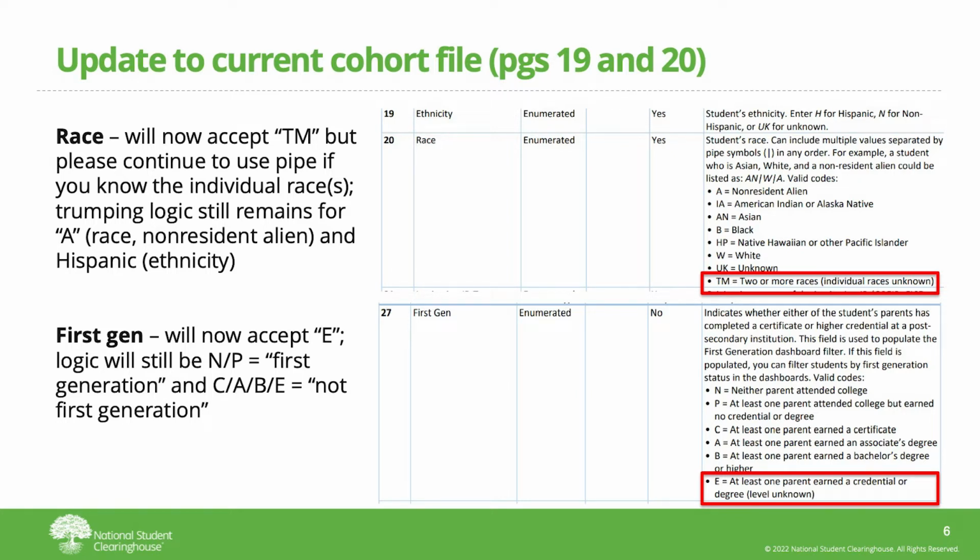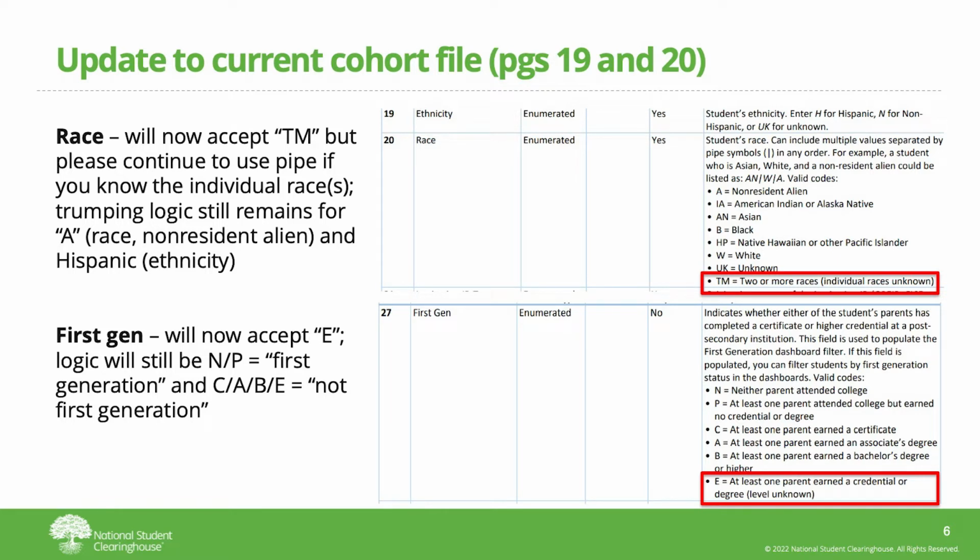Previously, we accepted the pipe separated values, like you see in the example on the right, where potentially I know that the student is Asian, white, and non-resident alien. I would have done AN, pipe, W, pipe, A. But we have gotten feedback from institutions that you may not have the individual races, and therefore they are unknown. And so we've added this value to accommodate that.